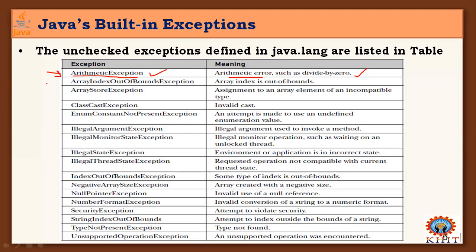The second one is ArrayIndexOutOfBoundsException. If you observe the written form of this exception: uppercase A for Array, uppercase I for Index, uppercase O for Out, uppercase O for Of, uppercase B for Bounds, and then Exception. This is how you have to write it when you create an object of this exception class. It usually occurs when an array index is out of bounds.